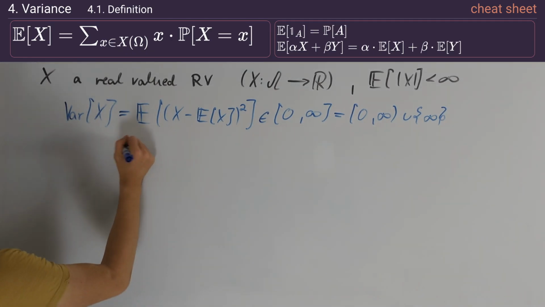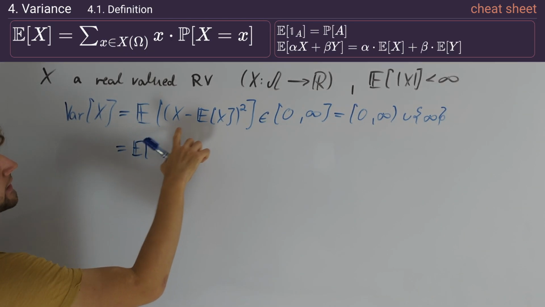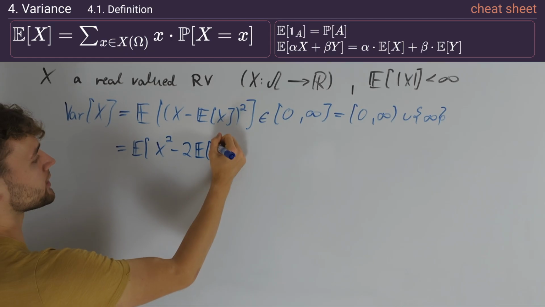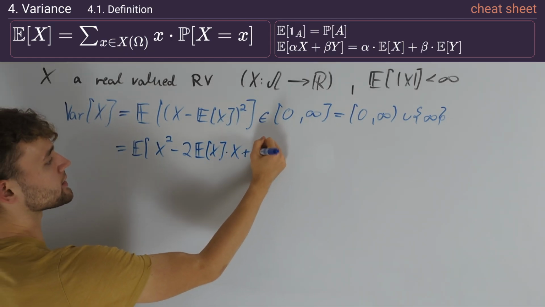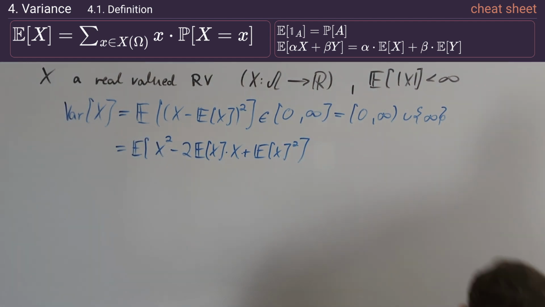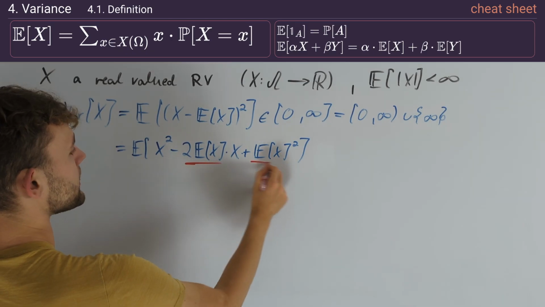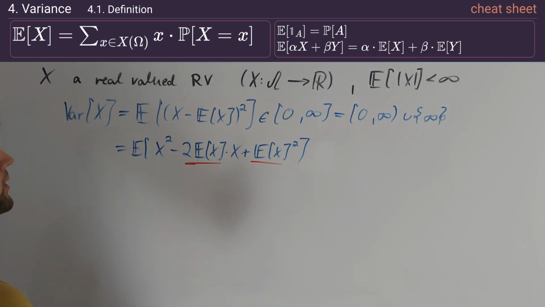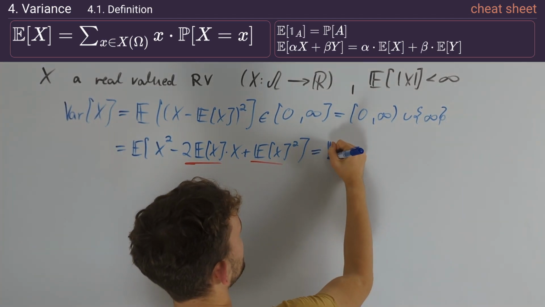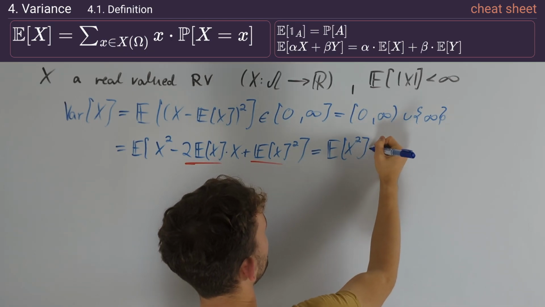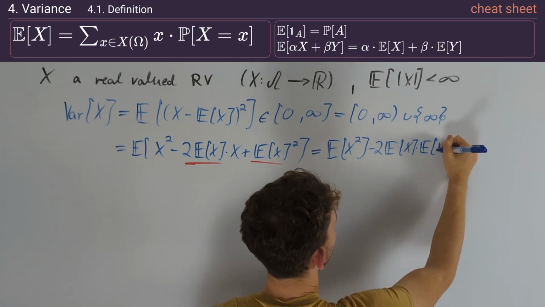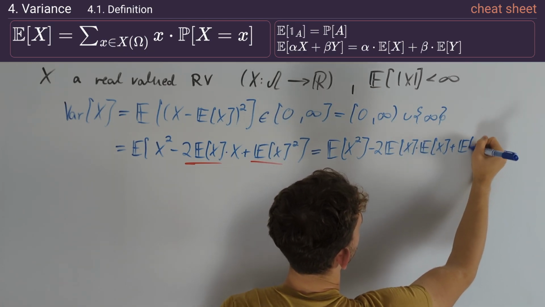In particular, if we write the term inside of our expectation as X squared minus 2 EX times X plus expectation of X squared, then we notice that these terms are just constant real numbers, and therefore we can apply linearity of expectation to obtain that this is equal to the expectation of X squared minus 2 expectation X times EX plus (EX) all squared.